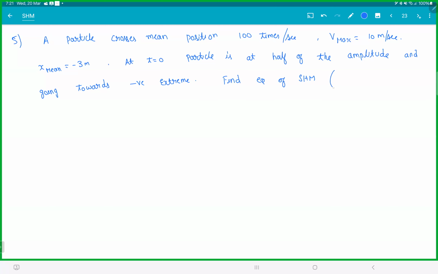What is the equation of SHM? X minus x mean is equal to a sine omega t plus phi. So indirectly, what I'm asking you is to find me the values of x mean, a, omega, and phi, and your job's done. This time I give you the information and I want the equation.